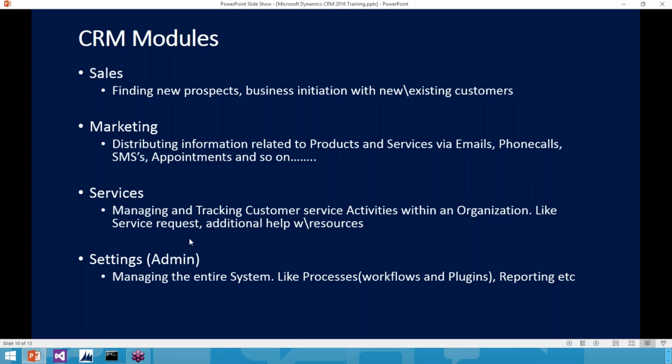You guys don't have to worry about installations or creating of CRM organizations, that kind of stuff. But again, those are very easy. Once you are into CRM development for 3 to 4 years, you will get to know those things very quickly, and you will be able to get into those admin team lead kind of roles very easily.